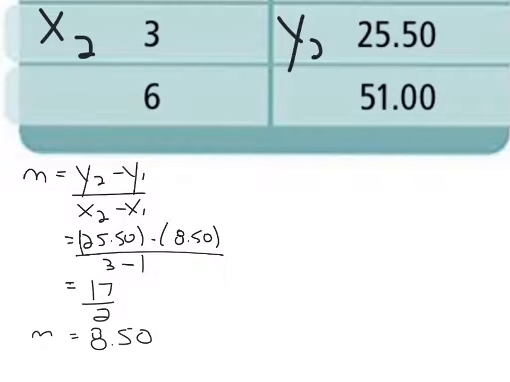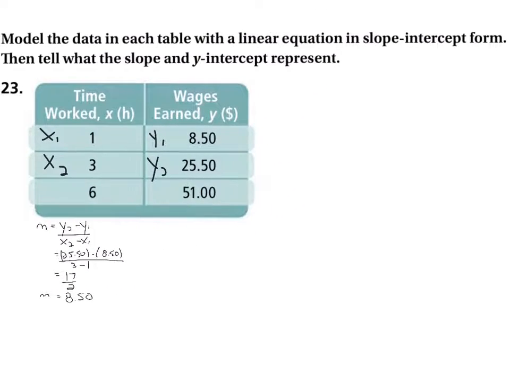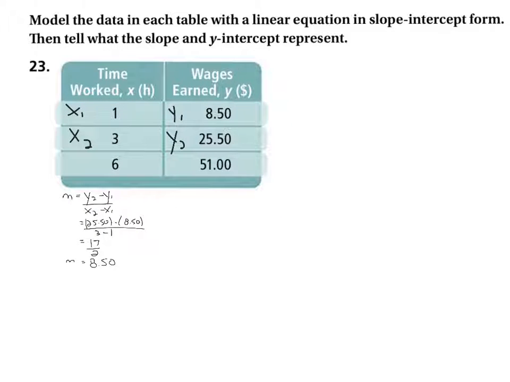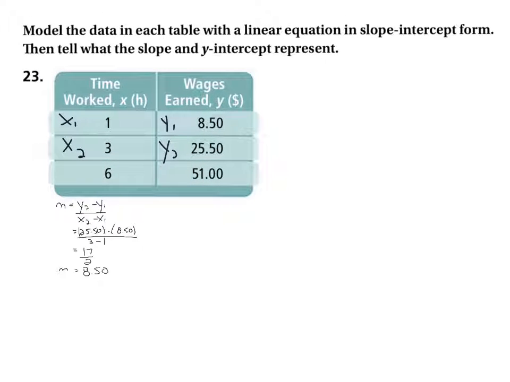Okay. So, zooming out. We've got a slope of 8.50. Okay?